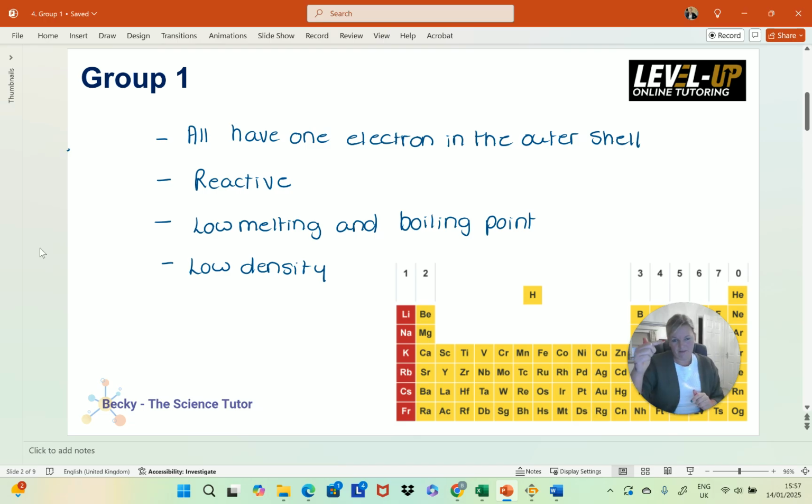So we're going to have a look at how that reactivity changes as we move down the group. We're going to focus on lithium, sodium, potassium, and look at their reactions and decide, do they become more or less reactive as we go down the group. Then we're going to explain that reactivity, linking that to their electron structure. Why do they become more reactive as we move down the group?